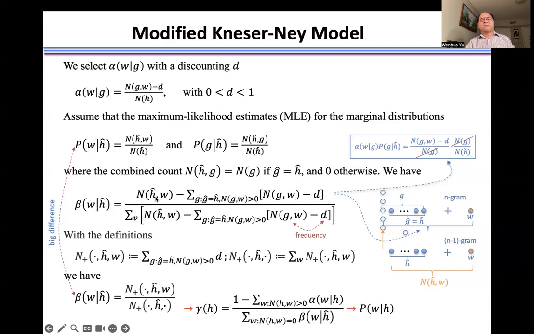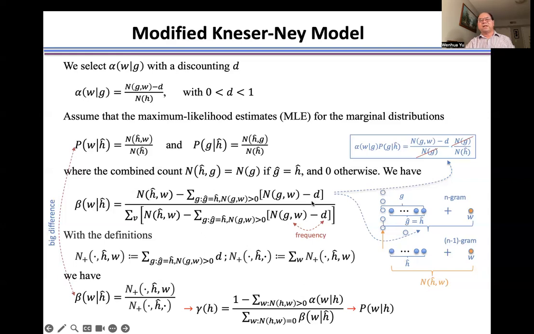Because this is the number for the n-1 gram, and this is for the number of n-gram, but we are calculating the margin over the first unseen word. That means this first term is equal to this one. They can cancel each other.